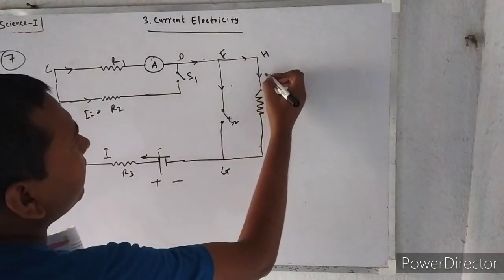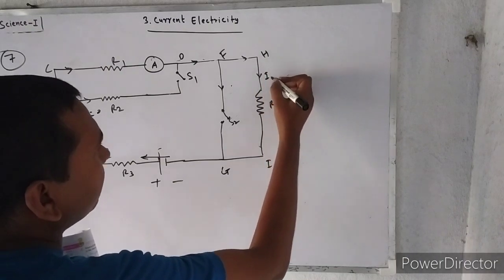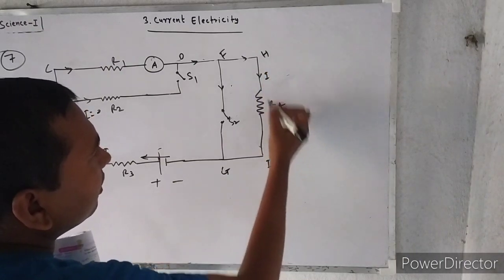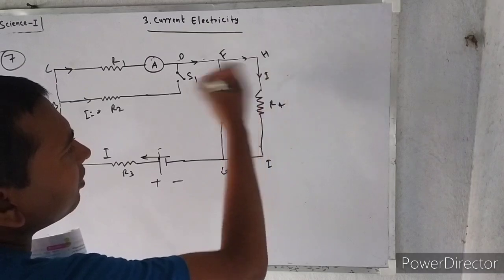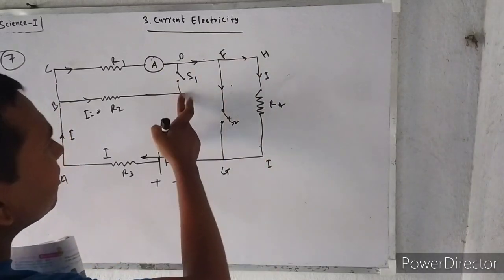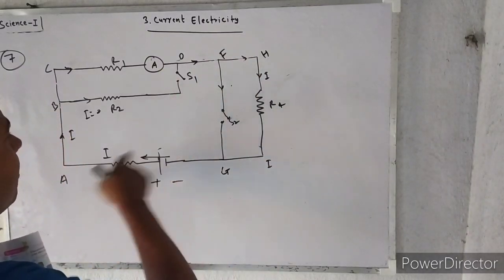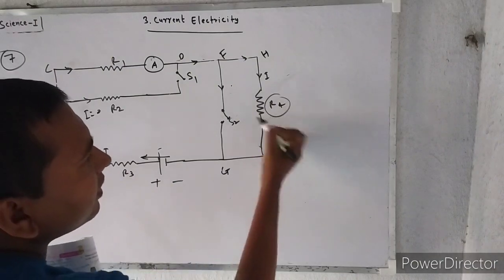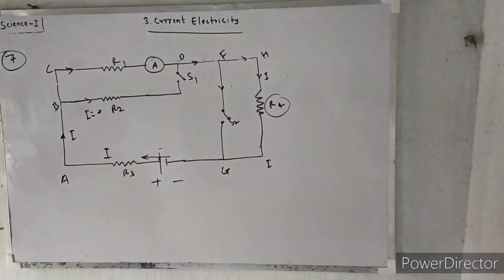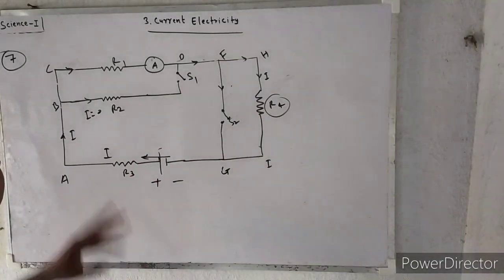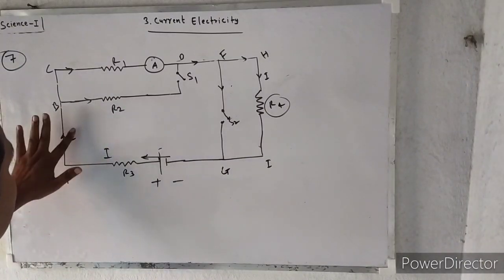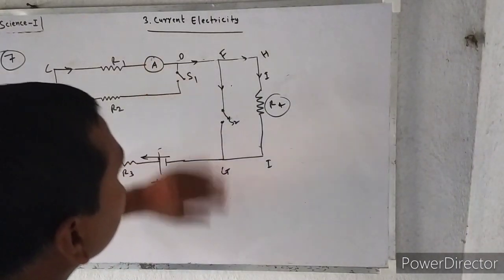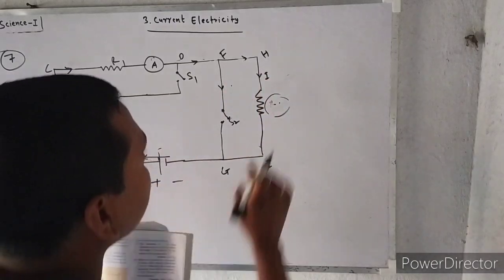So all the current I will pass through this branch, or we can say all the current will flow through resistance R4 if both switches S1 and S2 are open. Now third is this, R4.